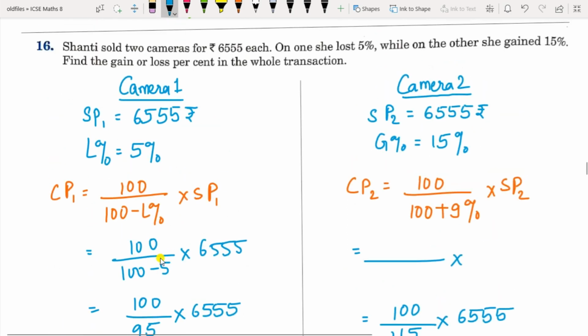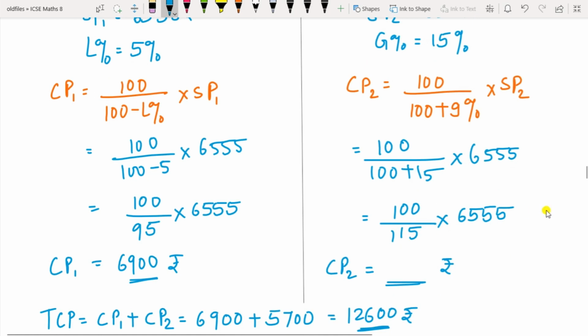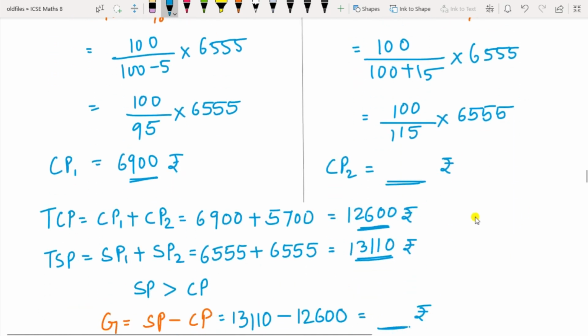Then find CP2 by using the gain percent. So it is 100 upon (100 plus 15) multiplied by 6,555. So this will be 100 upon 115 into 6,555. This value will be 5,700 rupees. So that is CP2.